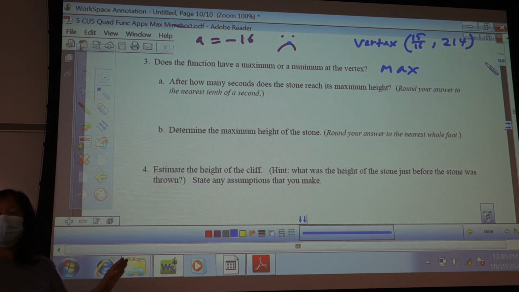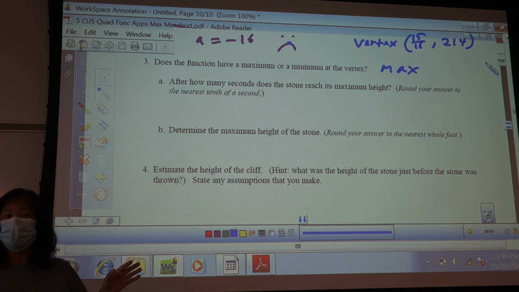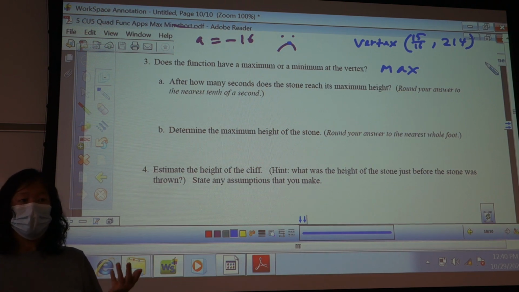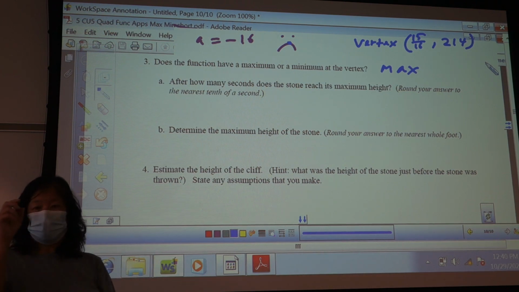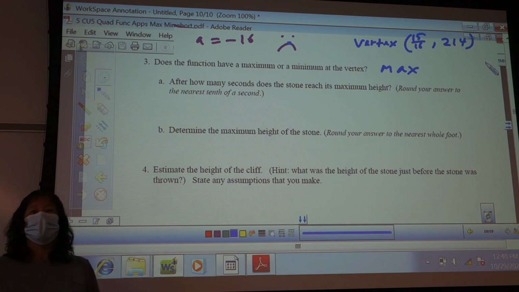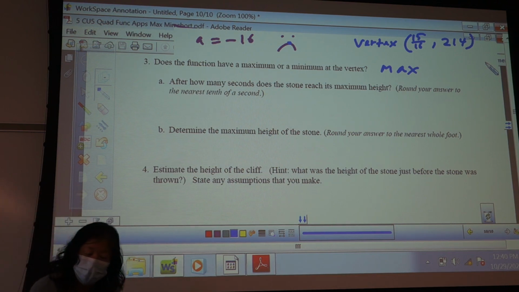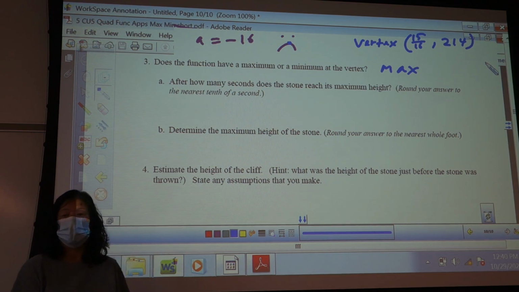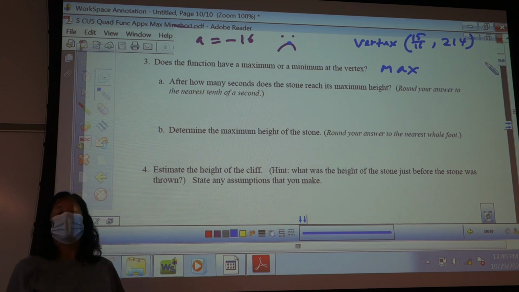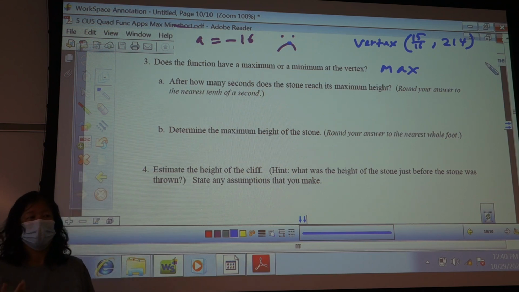That is pretty much the heaviest we're going to get into applications with quadratics, but it is important that you understand that concept. The vertex is either the minimum it gets or the maximum it gets to, and at what time it gets there.